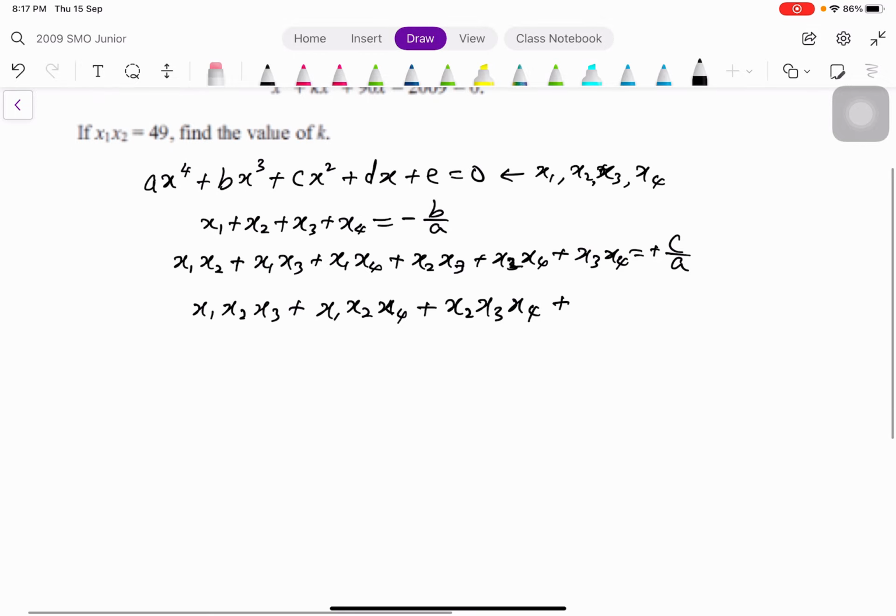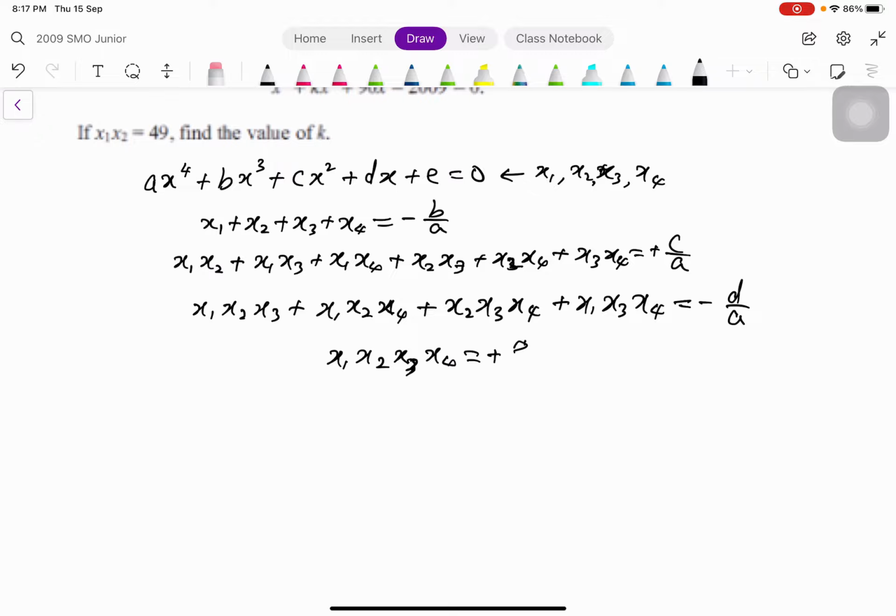I think I missed out x1x3x4. That will be equal to negative d over a. And finally the product of four roots, x1x2x3x4, is equal to positive e over a. That means negative, positive, negative, positive.